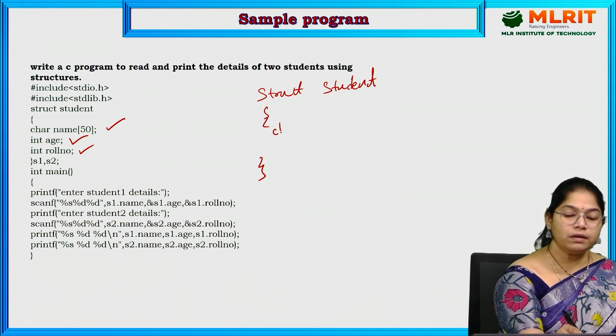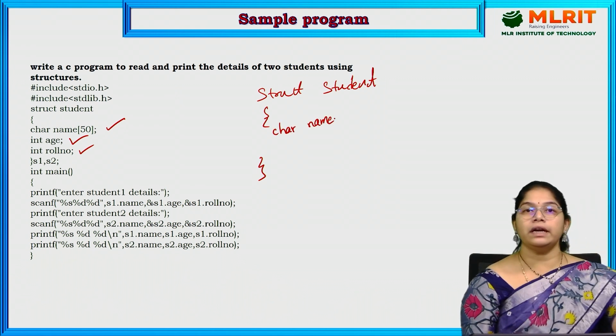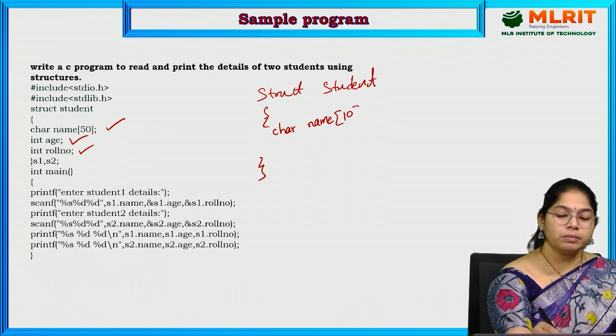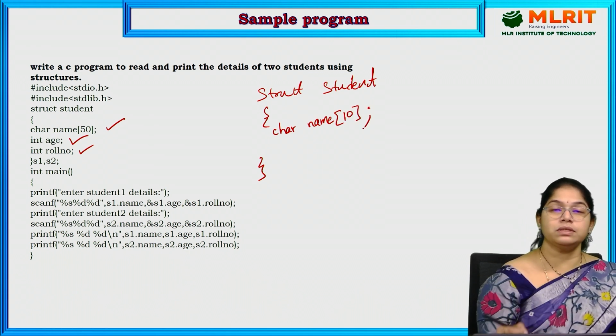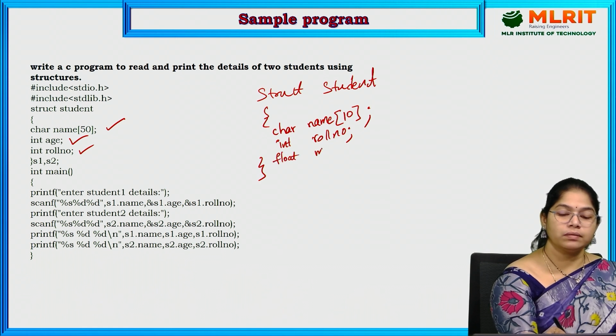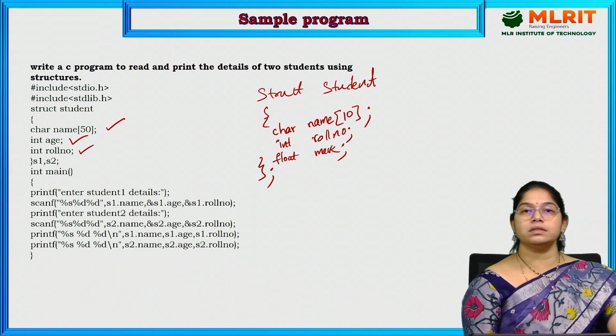Here the name of the student is data type character, with size 10 suppose. Now it becomes a string. Now roll number is of type integer, then marks is of type float. A structure ends with a semicolon.